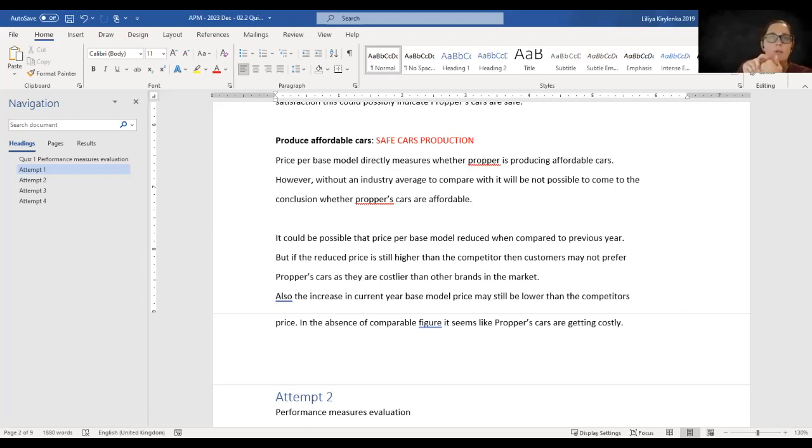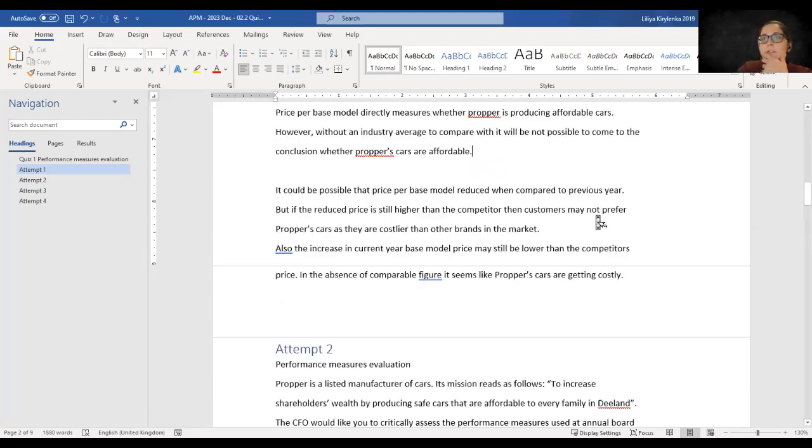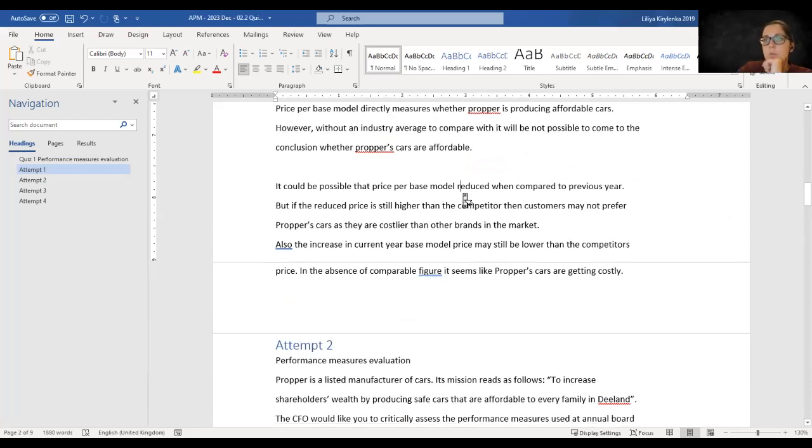However, without the comparison to the person's income, to the average income per household, this perception will be very subjective, because affordability is how long one person needs to work to get a car. It could be also possible that price per base model produced is compared to previous year. Well, that would measure something else, to improve affordability and not to make cars affordable, right? So that will not actually work.